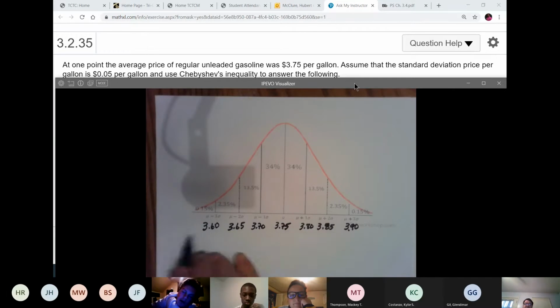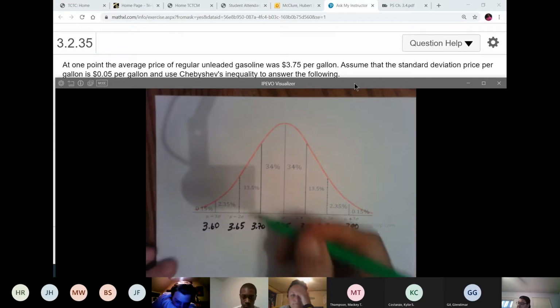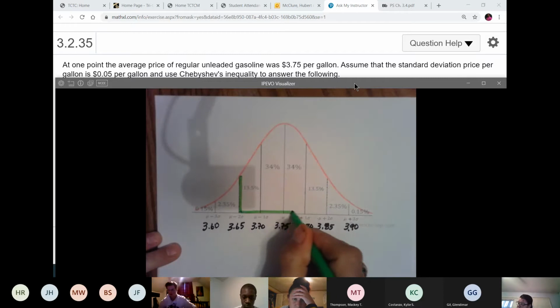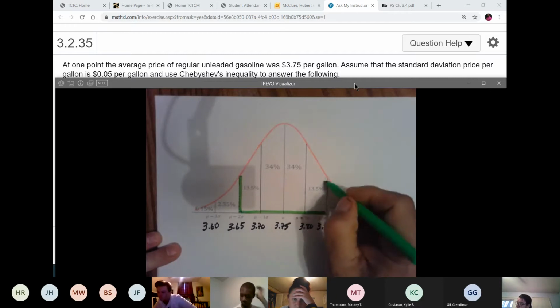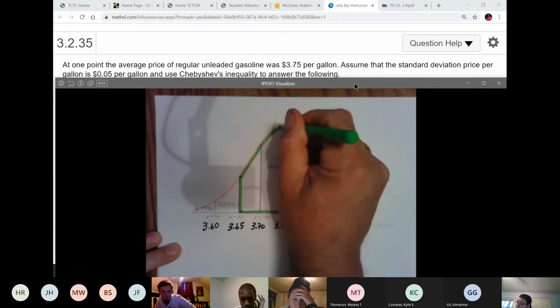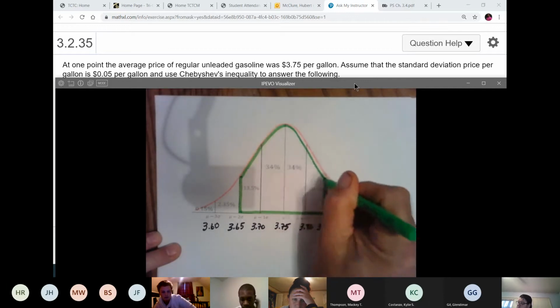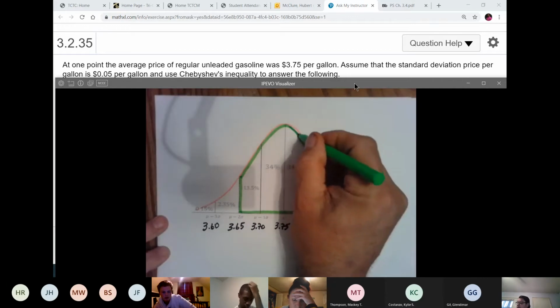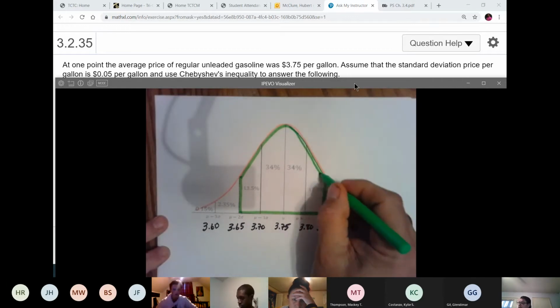All right. So that's gas prices. I'm going to fill in my empirical rule. So the green area is going to be right here. That's the green area. And what does the green area stand for? Normal.